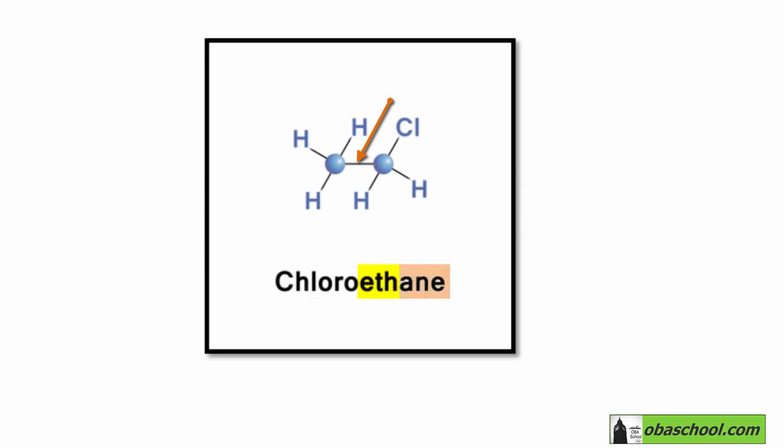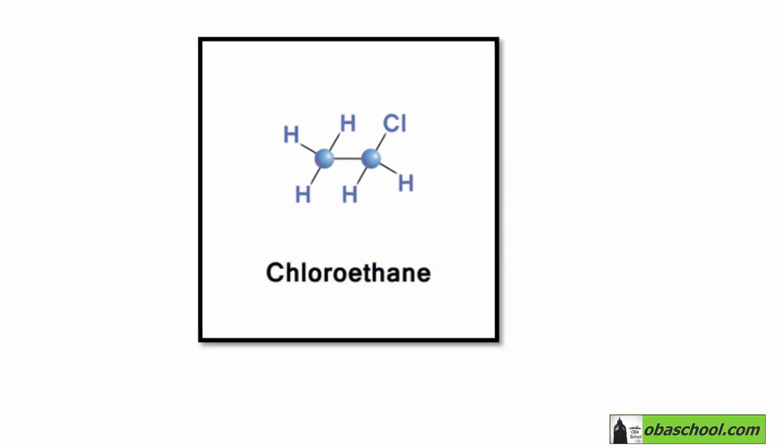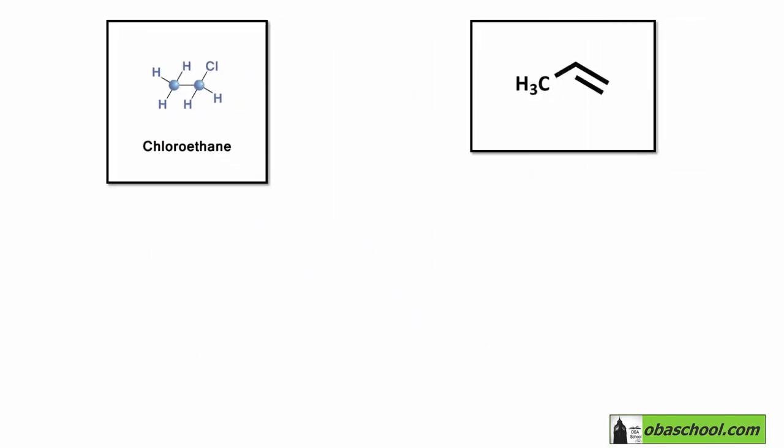So we will add ane. This is an alkane. It is ethane. As you can see, we have a chlorine atom attached to this carbon atom, so this is a halogen alkane. To name halogen alkanes, we will add a prefix, which is chloro in this case, to the root name. So it is chloroethane.